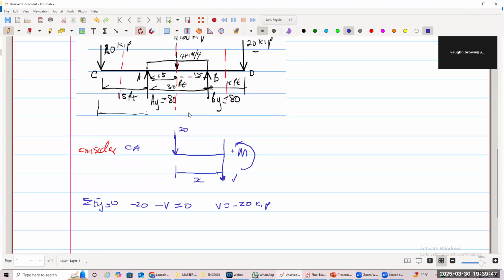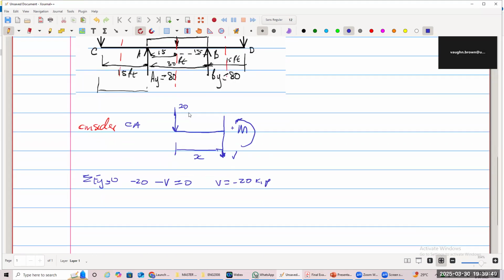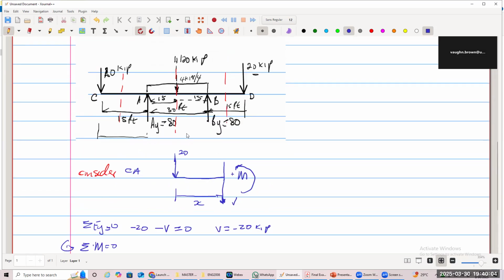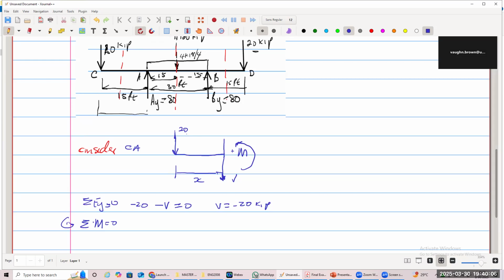The next section now is you're going to cut it. Well, let's write the moment for this section first. So using the method of section for the moment part now, we're going to do it the old-fashioned way, with anticlockwise being positive. So for the moment here, everybody knows that you have a positive moment, so you write it.